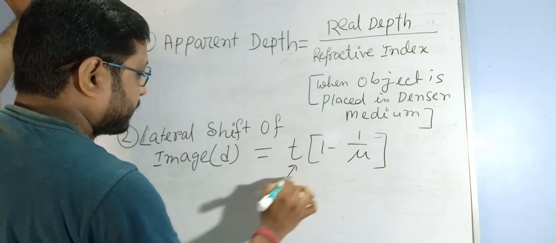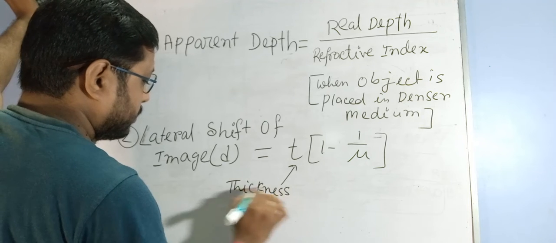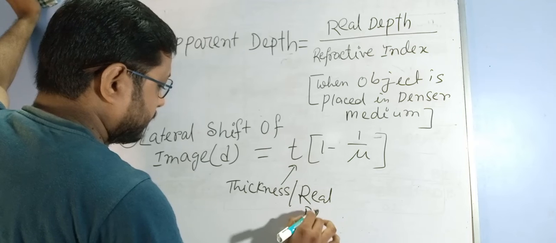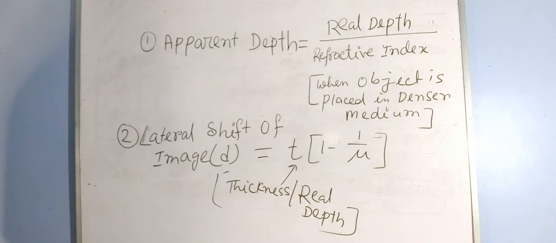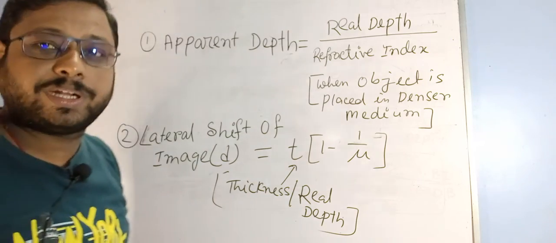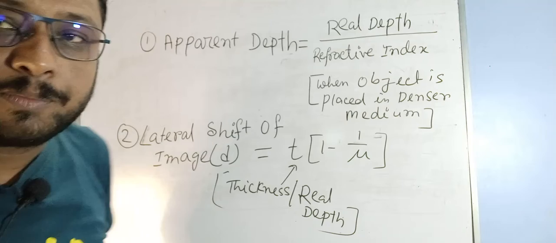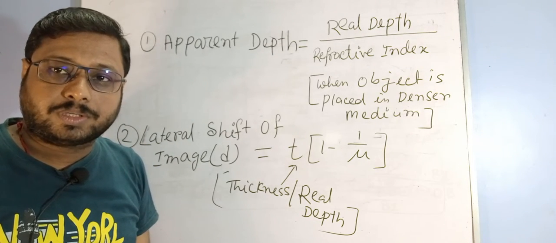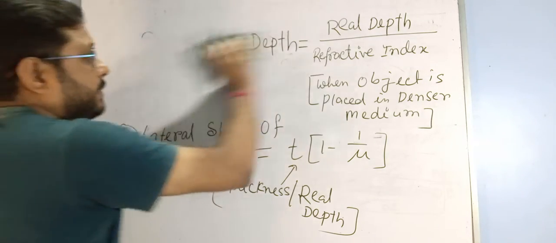T is the thickness or real depth. These two formulas are very necessary for doing numericals. I hope you will understand it. Now we go for an example.